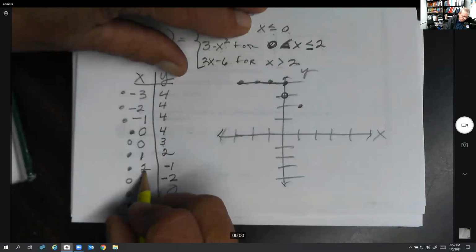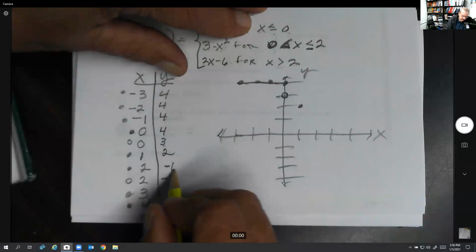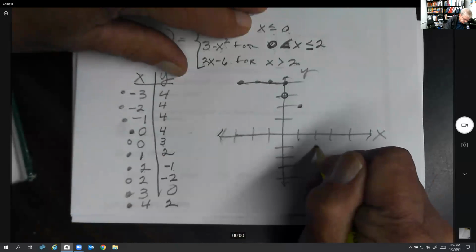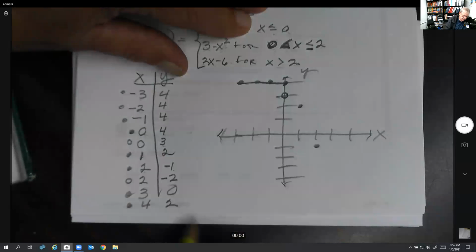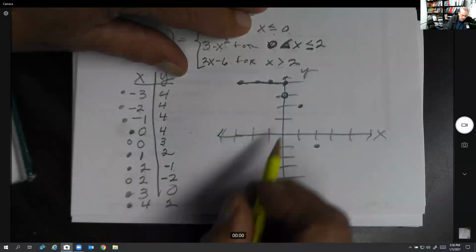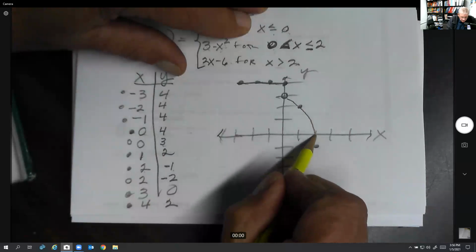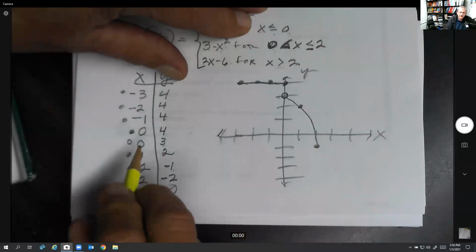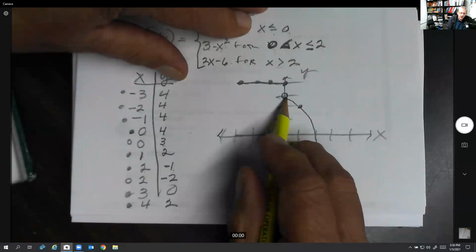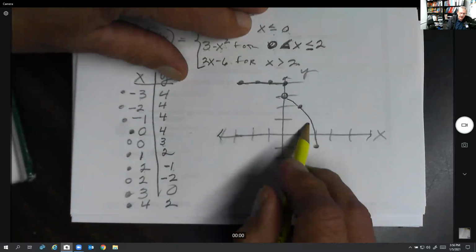And at 2, it's at negative 1. Okay, just doing those. So it looks like the graph might be a slight curve in it, kind of coming down like that. I don't know. So it's going from this point, not this point, but from this open circle coming on down.